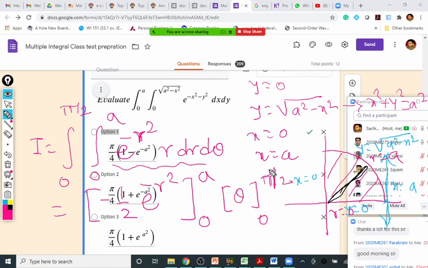The purpose of transformation is to simplify the problem. We always transform the problem to polar because we have to simplify the calculation. Otherwise, difficult calculations you have to handle on your own. And you will get option 1 as the correct answer.